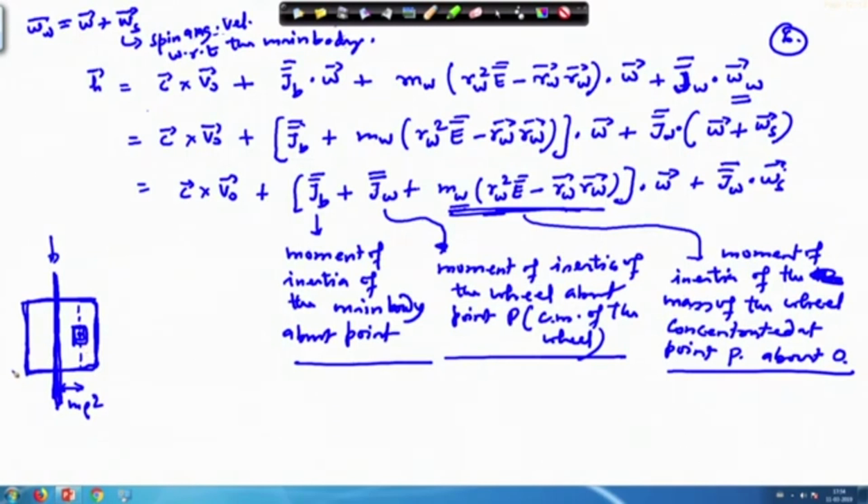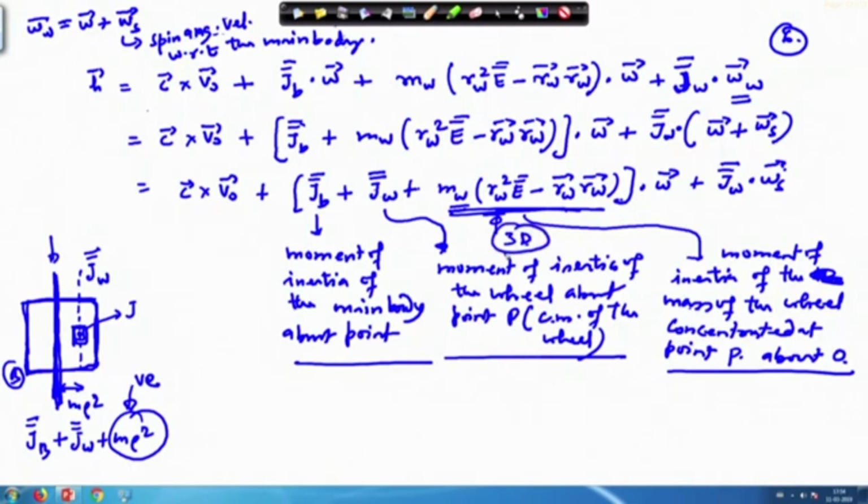So, this is the main body B. We write J B plus, its inertia about this line, say J W double bar, and then to this you add m rho square. This part we have to put in vector format, because it is in 3 dimensions, while here it is written only for 1 dimension. So, this is a simplified model, not applicable here, but this is the way. This is something acting like the parallel axis theorem.